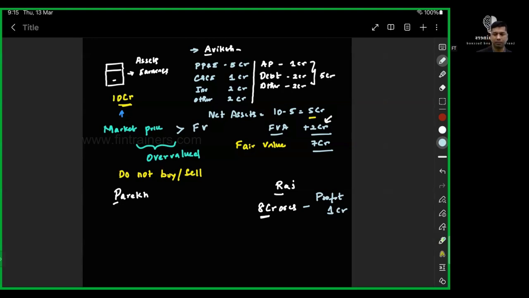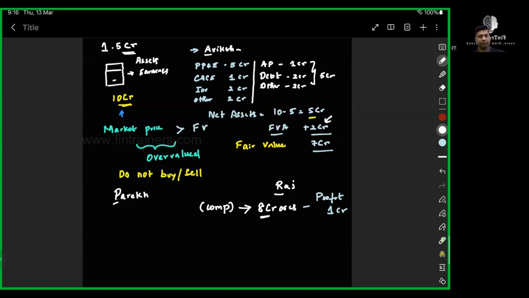This is a similar business. We call this a comparable or a peer. So what Raj is doing is he's going to look at the business he's interested in, and he finds out this business makes a profit of 1.5 crores. So based on this information, what should Raj value this business at?